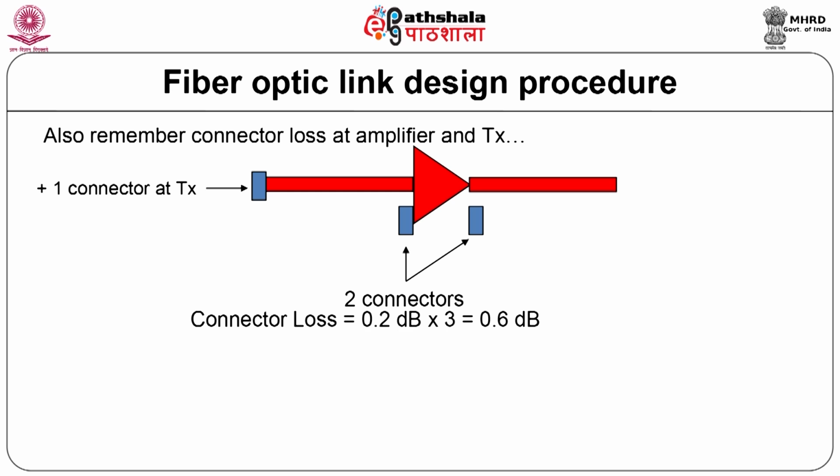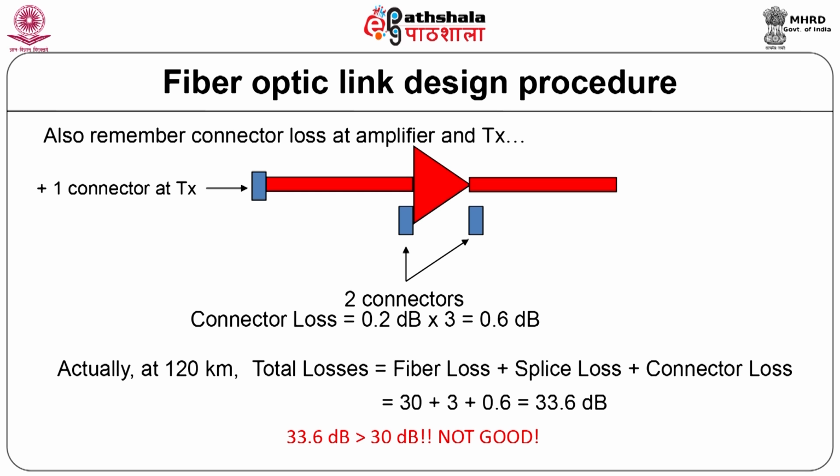The connector loss is 0.2 dB into 3, that is 0.6 dB. Actually, at 120 kilometer, total losses is equal to fiber loss plus splice loss plus connector loss. So 30 plus 3 plus 0.6, that is 33.6 dB.